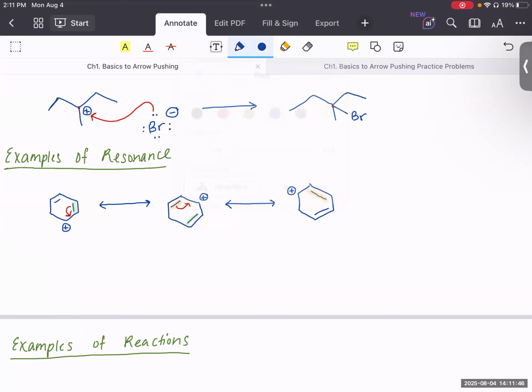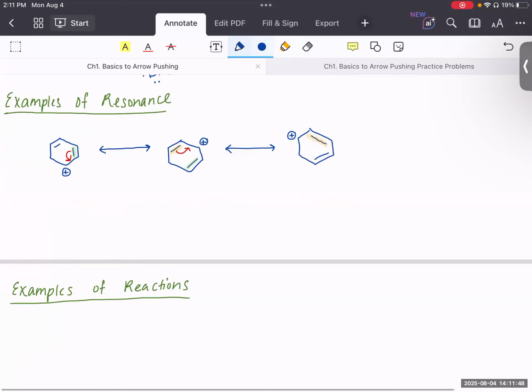And so that's an example of one type of resonance. The other type of resonance that you might see is where you have lone pairs involved. And so I'll draw out another example where we can see the movement of a lone pair of electrons. And so this one, we're going to start off with 3 lone pairs on that oxygen.